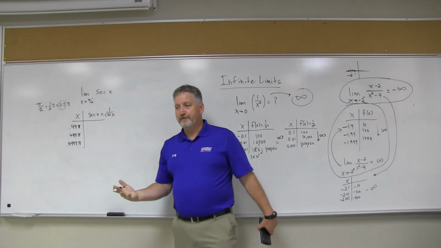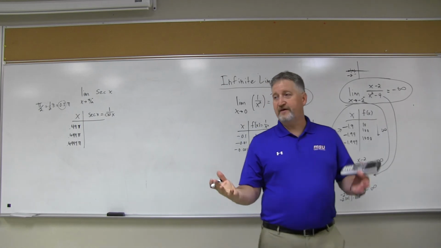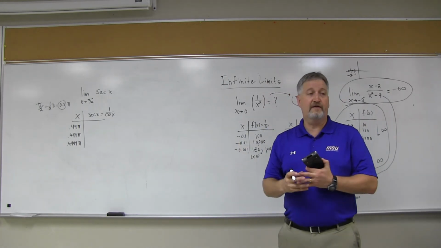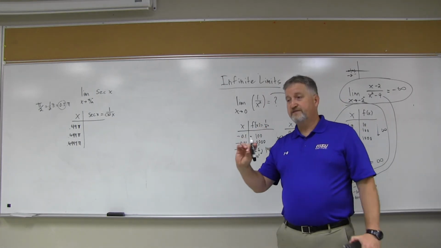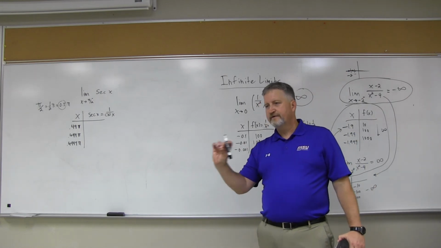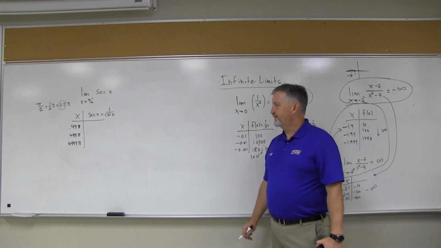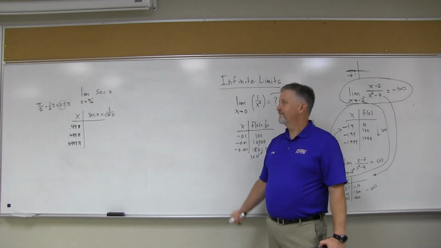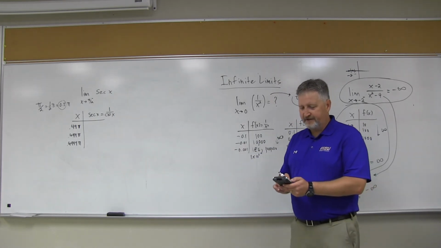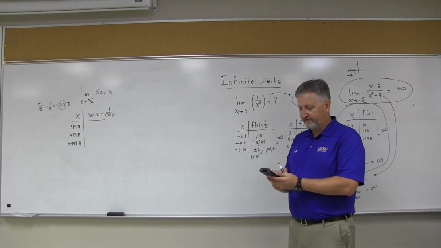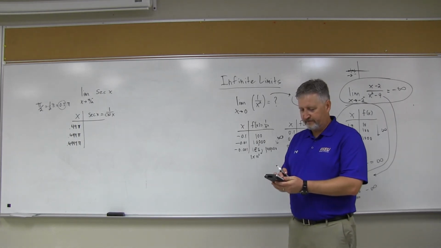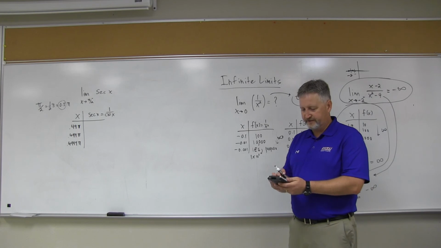If you've forgotten those, they are in the reference pages at the back of the book, if you have the book there. So I'm going to put in 1 over cosine of x to do this. And again, be sure your mode is in radians.